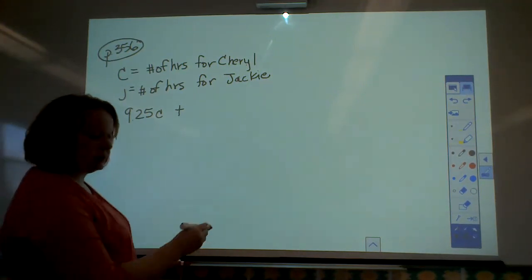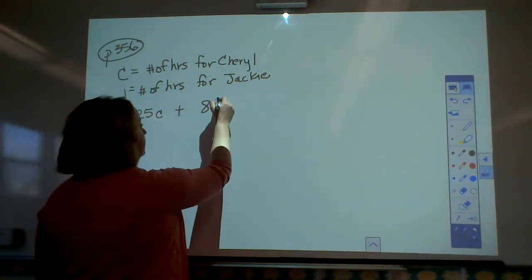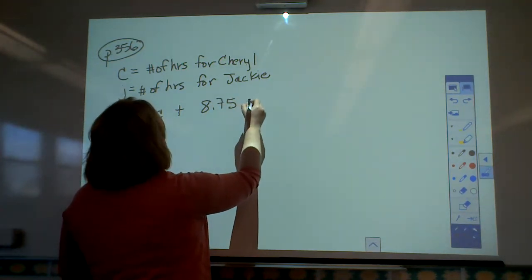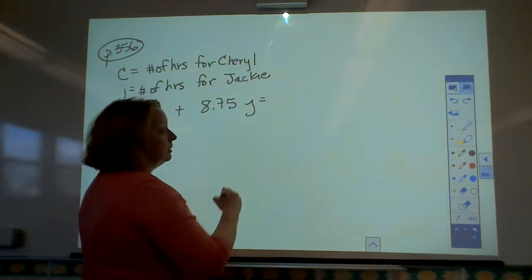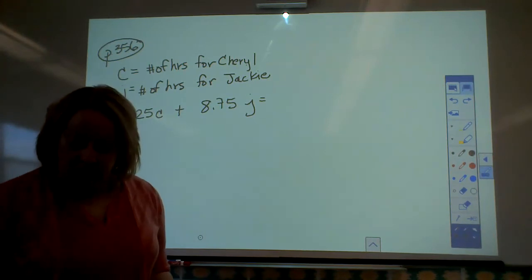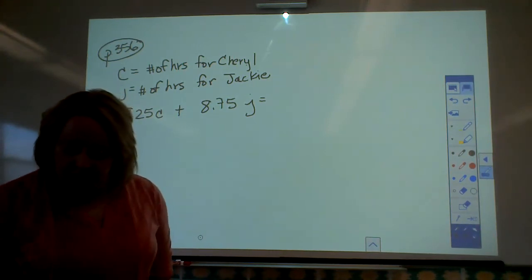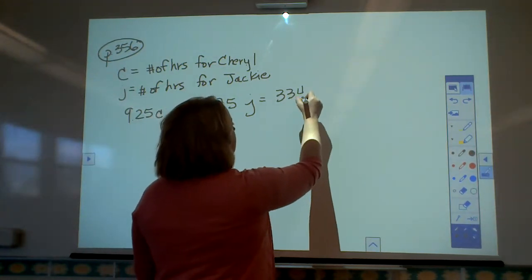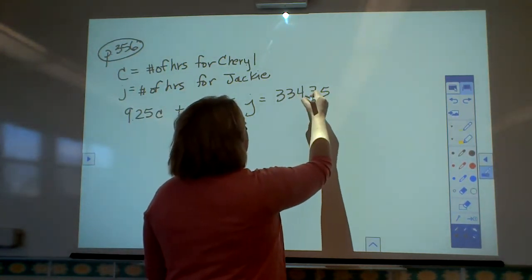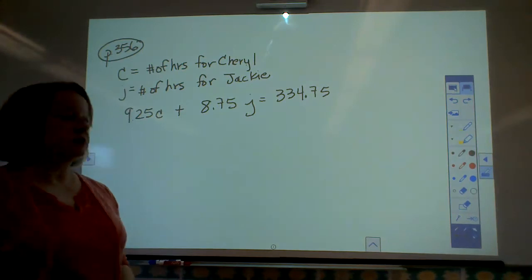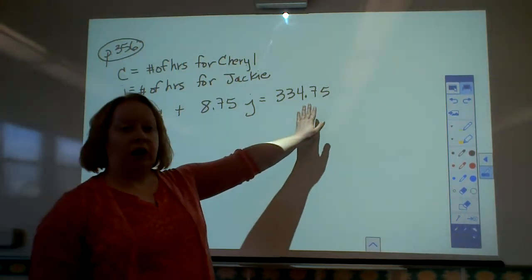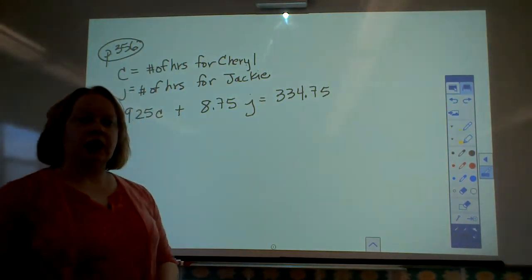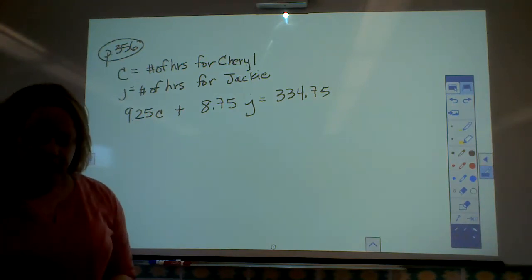She gets $8.75, so it's going to be 8.75J, equals how much money? That's going to be equal to $334.75.